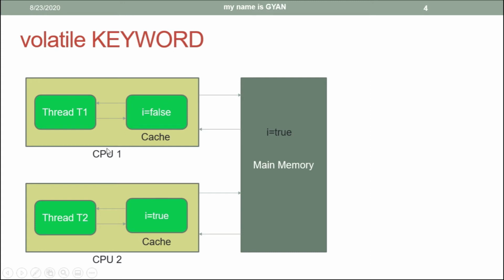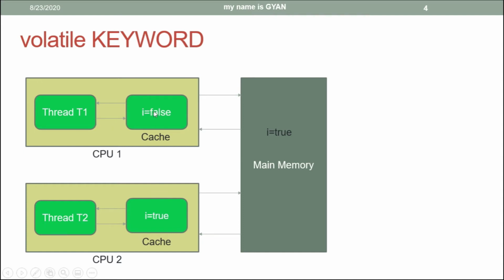As soon as the thread T1 updates the value of i as false, the while loop in the thread T2 should stop its execution. But there is an issue. Whenever the thread T1 updates the value of i, it only updates it in its cache. It does not instantly reflect the updated value of i to the main memory.